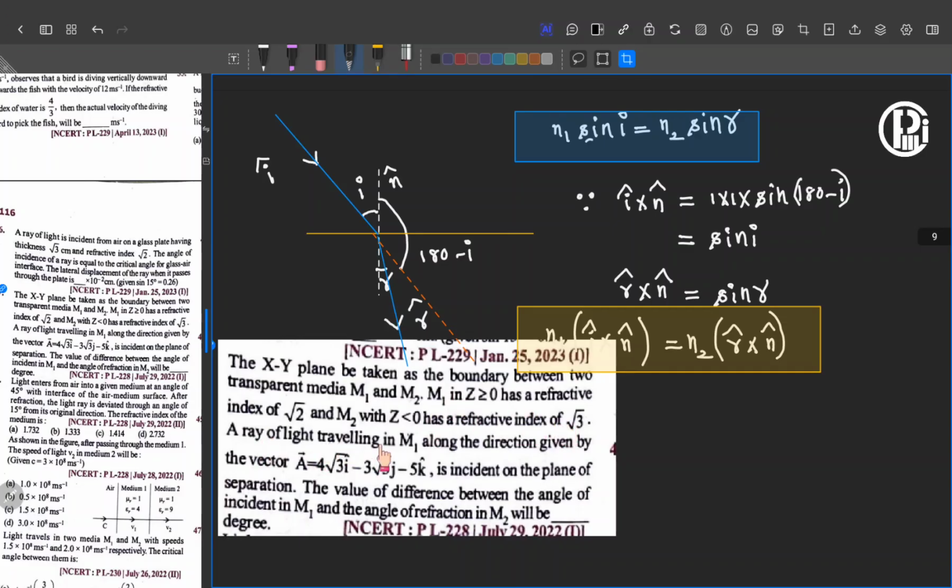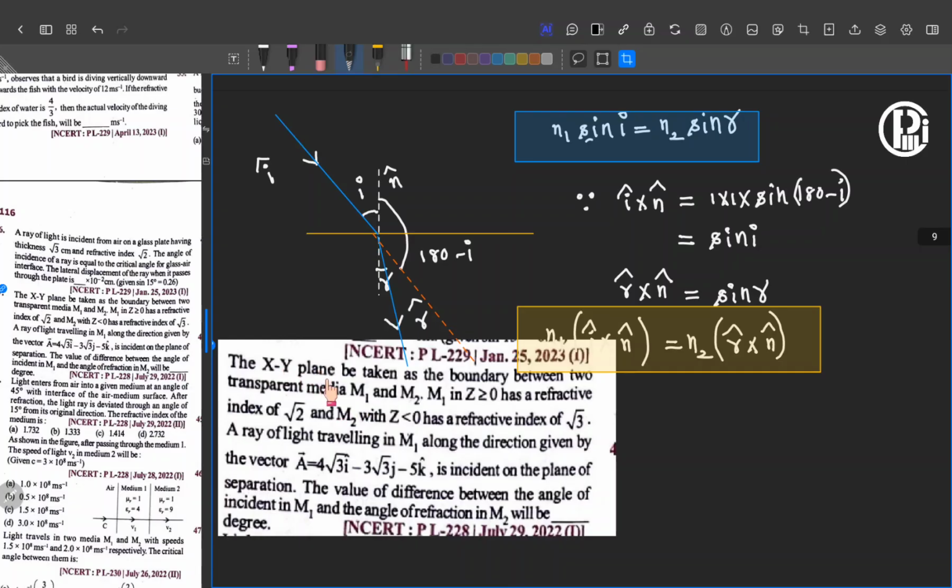A ray of light traveling in m1 along the direction given by a bar equal to 4 root 3 i cap minus 3 root 3 j cap minus 5 k cap is incident on the plane of separation. The value of the difference between the angle of incidence in m1 and the angle of refraction in m2 will be, right?